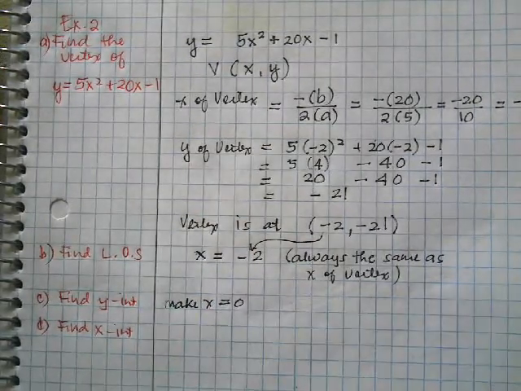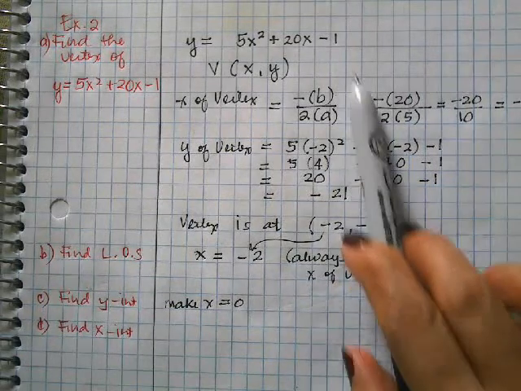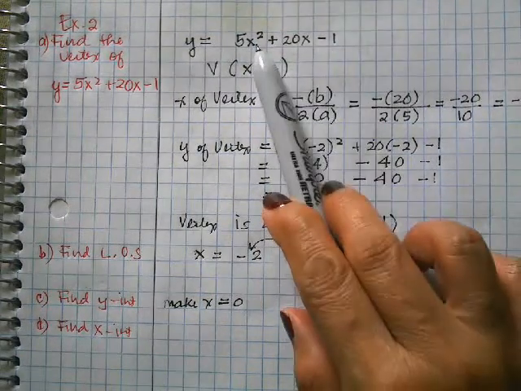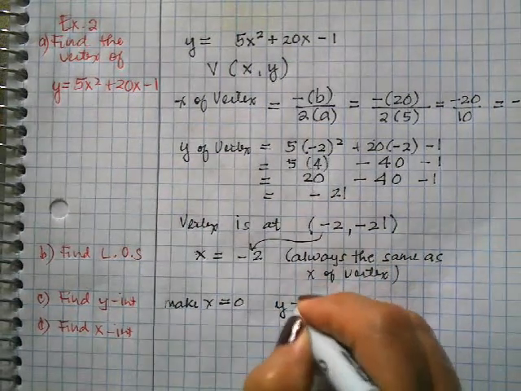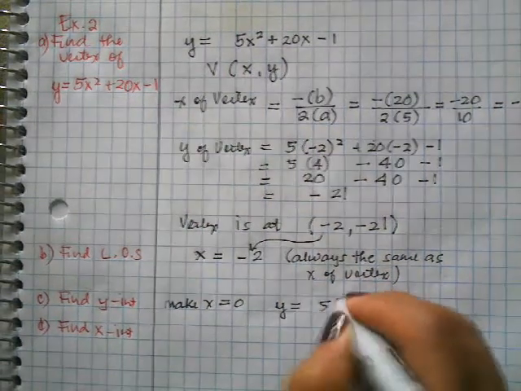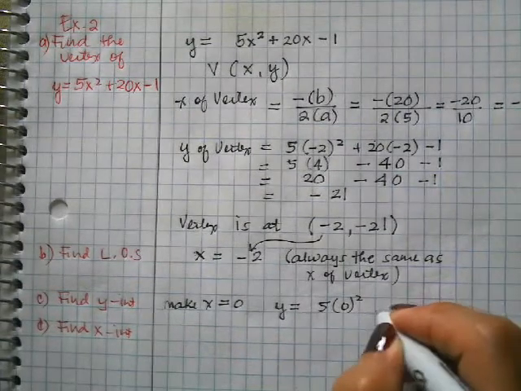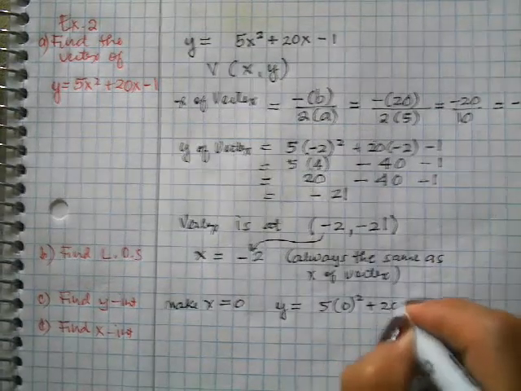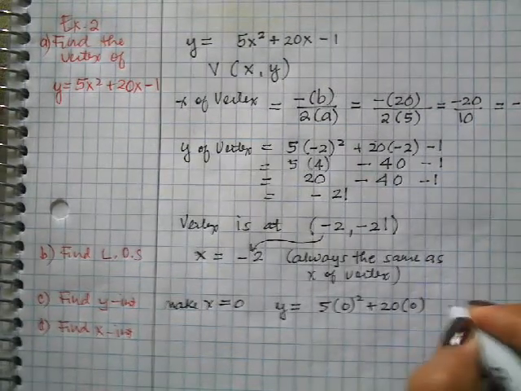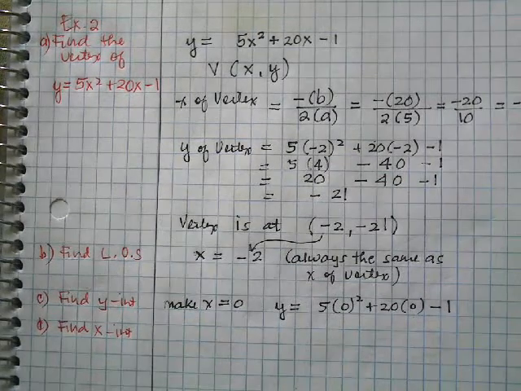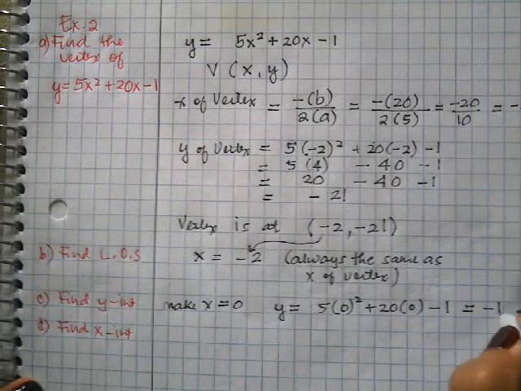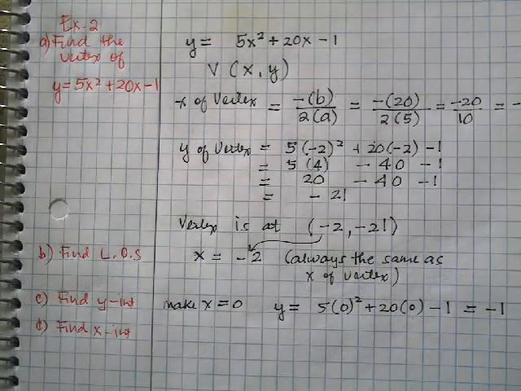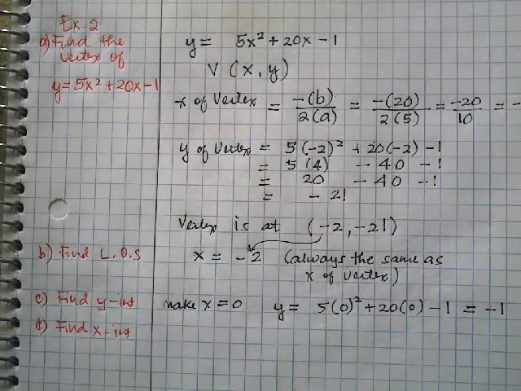Okay, so it's very easy. It's -1 because those terms are 0. You don't even have to calculate, but I'll show you. 5 times 0 squared is still 0, plus 20 times 0 is 0, so it's just -1, right? So the y-intercept is -1, or (0, -1).